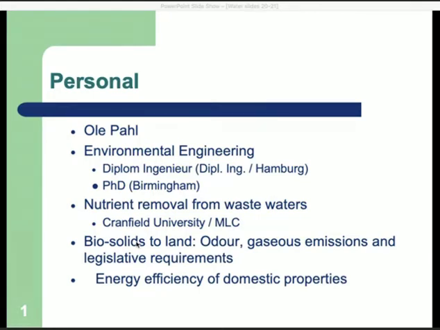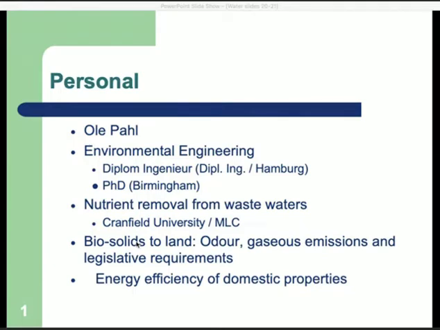That then led to my first job afterwards, working for Cranfield University and an agricultural trade body, removing nutrients again from wastewaters, and all that was in the context of the European legislation on industrial pollution. So it was on IPPC regulations.